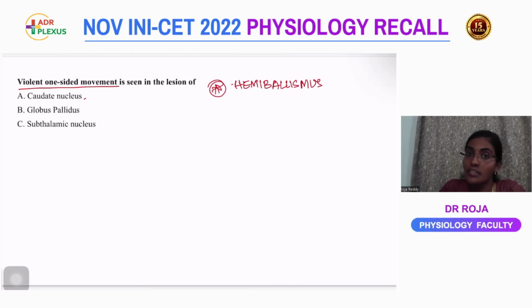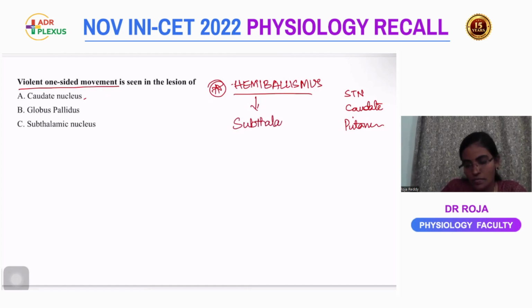Now, basal ganglia has a lot of structures, like the subthalamic nucleus, the caudate nucleus, the putamen. These are the various structures of the basal ganglia. Now, hemibalismus is caused due to the lesions of the subthalamic nucleus.